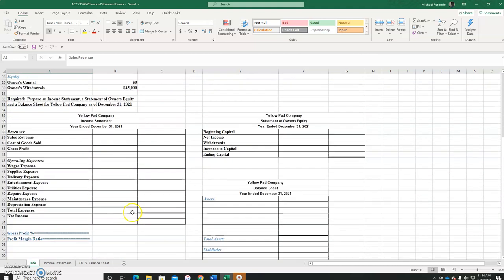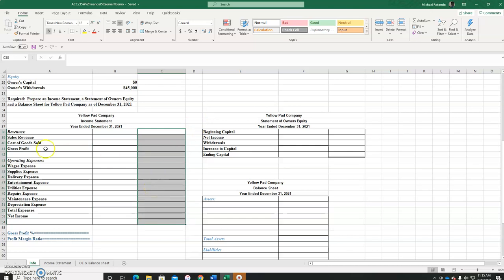So when we have an income statement, generally we have two columns. Now, there is some variation in this. You could have one column, you could even have three columns, depending on how complicated your income statement is. This column is known as an addition column, so it's where we can do calculations. This column is known as a total column.